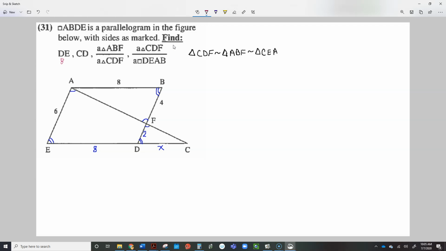Be sure you have your corresponding parts lining up. So these two, the F's, are congruent because they're vertical. The B and the D are congruent. See, they're the second letter. And then the A and the C were the ones that didn't have marks, but we know that they are congruent because this is all by angle similarity.